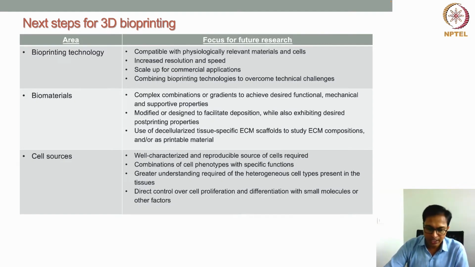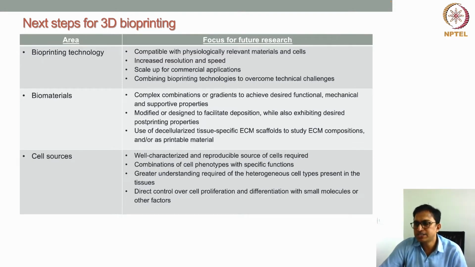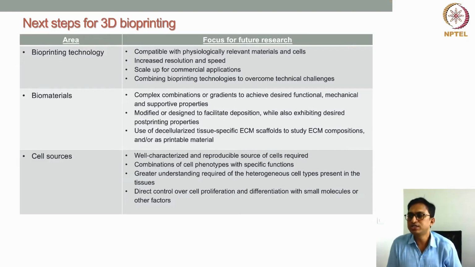So to reproduce that hierarchy, resolution is the key here. If we can improve the resolution of the bioprinting system, it can help solve the problem of creating very fine, intricate microstructures.